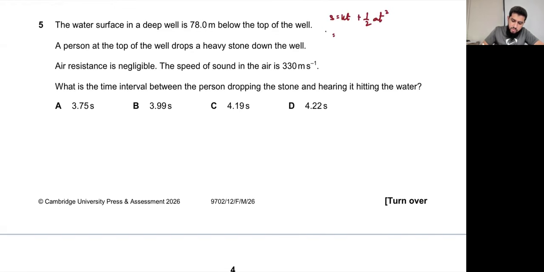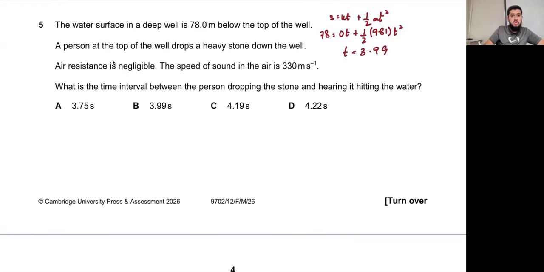That gives you 78 equals 0t plus half into 9.81 into t squared. So 78 into 2 divided by 9.81, square root of that answer is 3.99. So t is equal to 3.99.